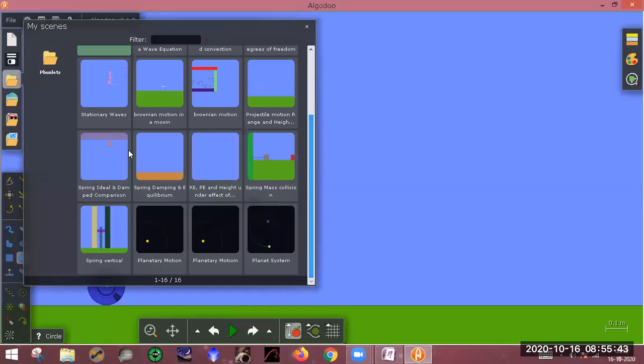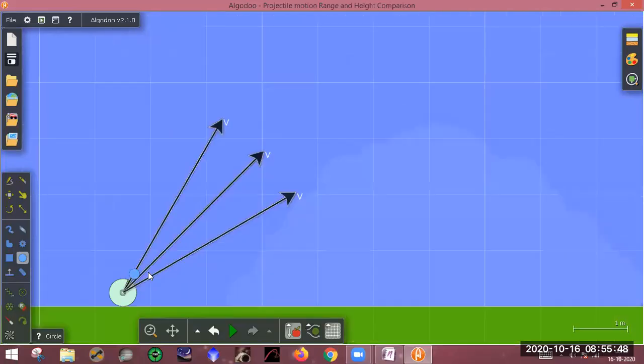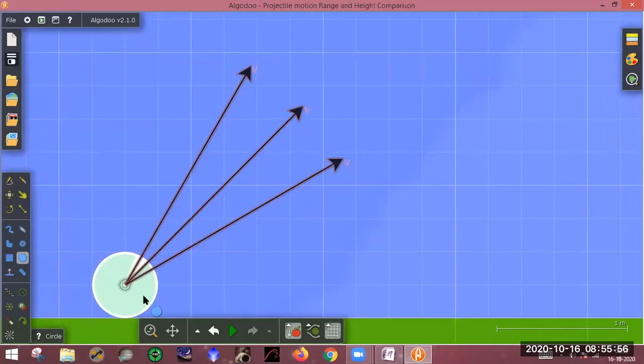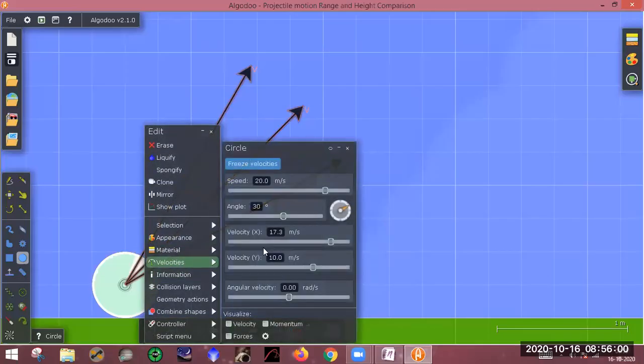If you throw it at 3 different angles with the same speed, here I actually have 3 different objects. We are throwing these objects at 3 different angles. So this is at 30 degree, speed is 20 meter per second.